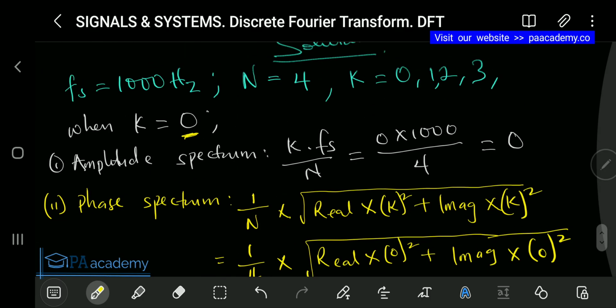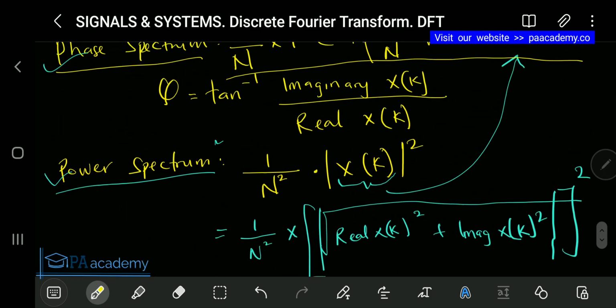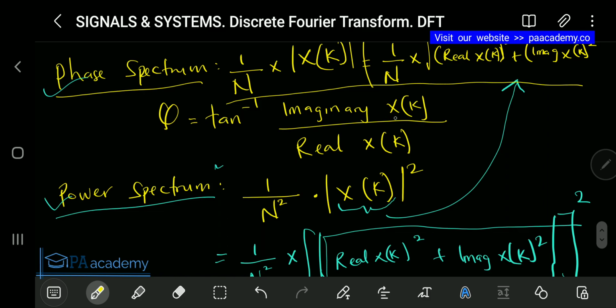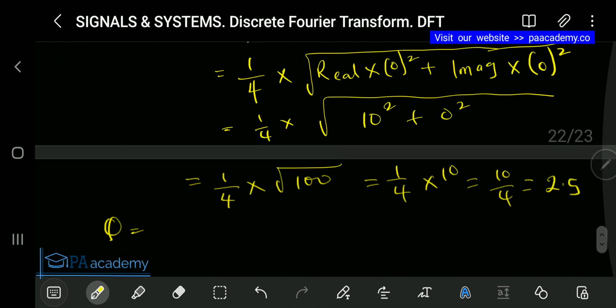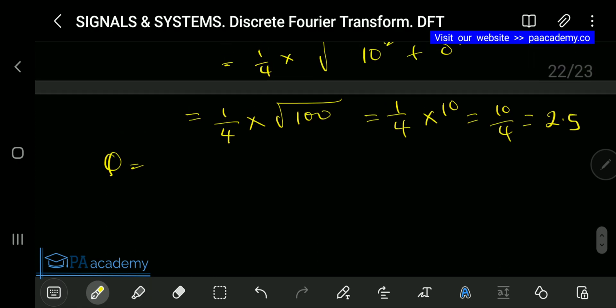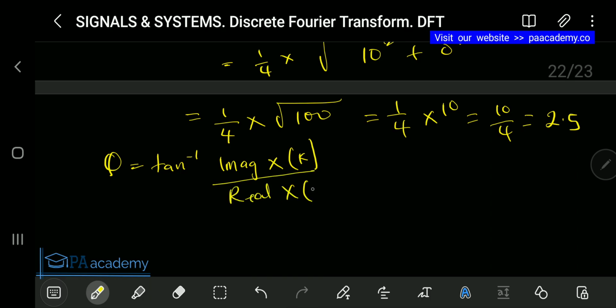So now let's calculate the angle there. For that, we have it to be tan inverse of the imaginary part of X of k over the real part of X of k. So that will be the tan inverse of the imaginary, and this IMAG is an abbreviation for imaginary, of X of k over the real of X of k.